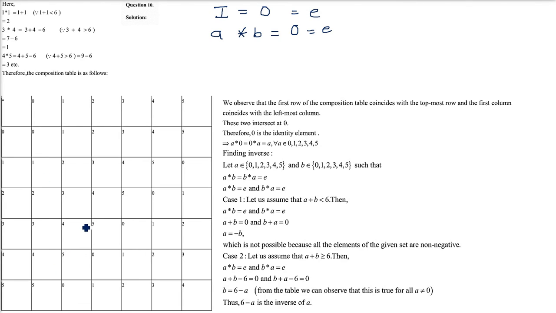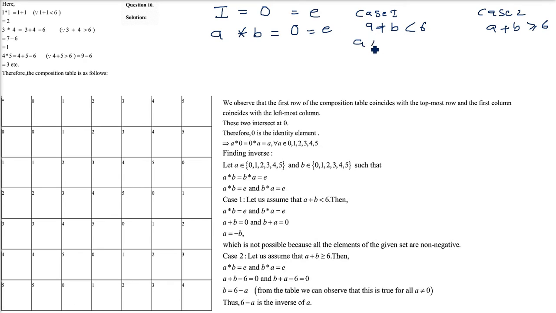The cases which I was telling you: case 1 is when we take values which are less than 6 when we add them, and case 2 is when a plus b is greater than or equal to 6. So first, case 1: a plus b is less than 6. What does it mean?